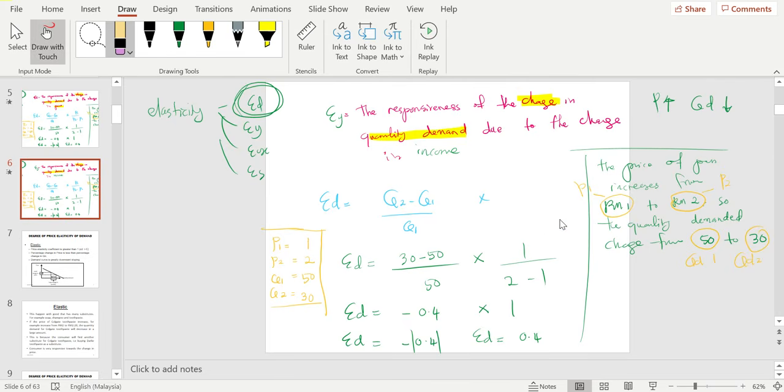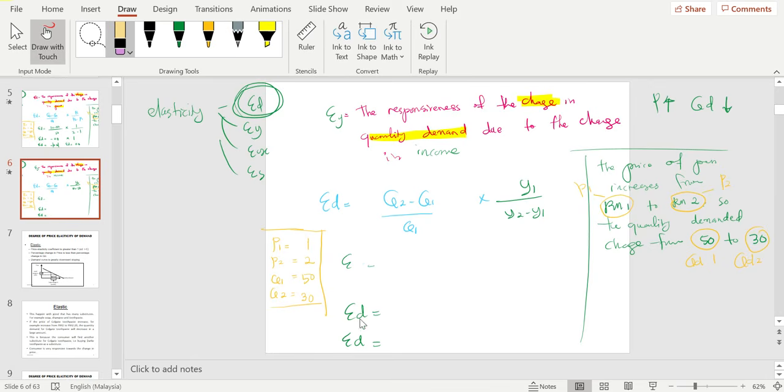It will become Y2 minus Y1 over Y1. So we just erase all of this. Okay, here is EY.